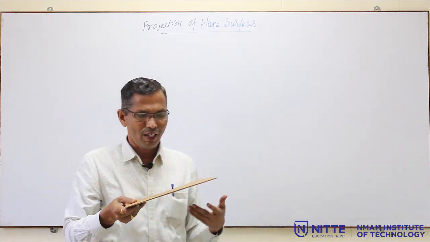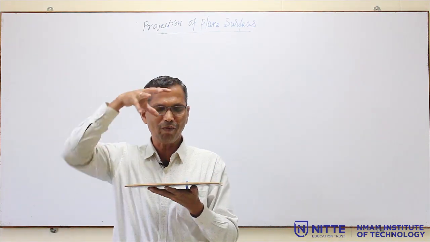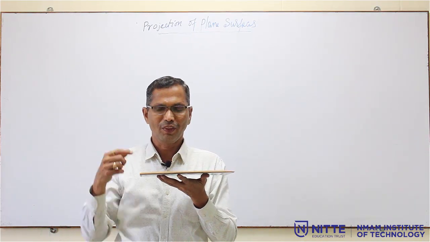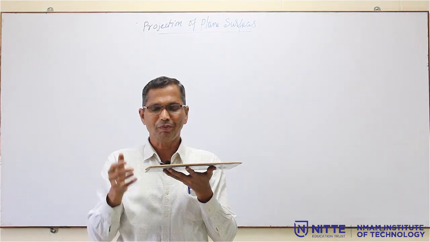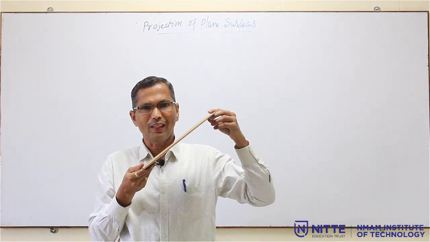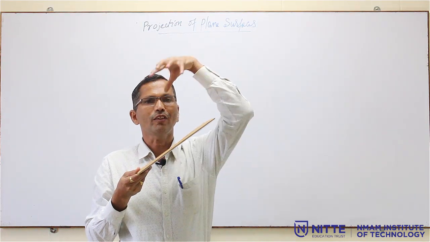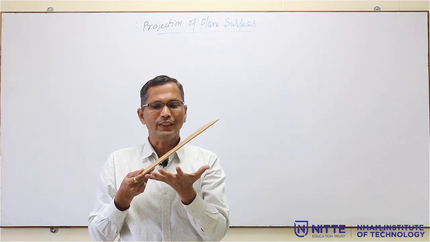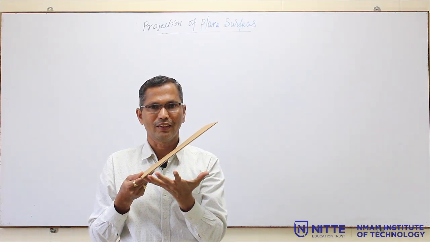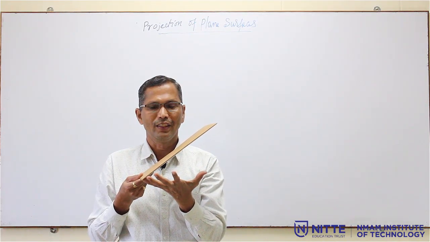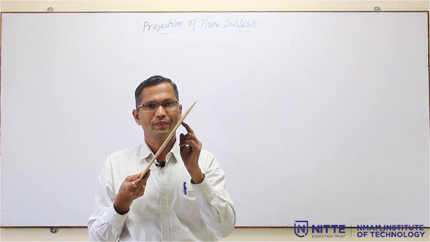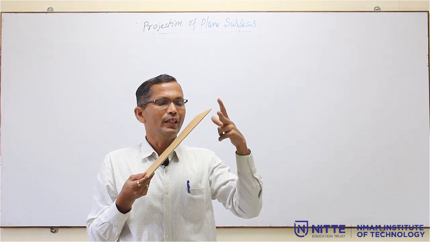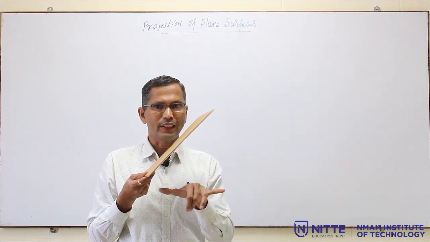Or if I hold it like this, what is the top view now? Top view is a rectangle. What is the size? 50 into 100. If I give some angle like this, what is the top view now? Top view will be 50 into a length less than 100, maybe 70, 80. Further I will increase the angle. What is the top view now? It is 50 into 60.